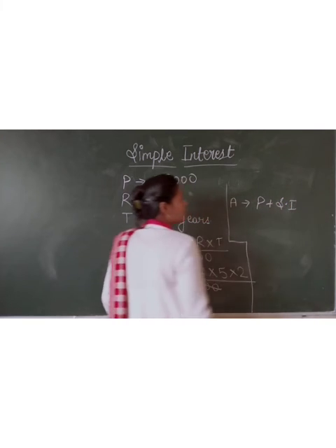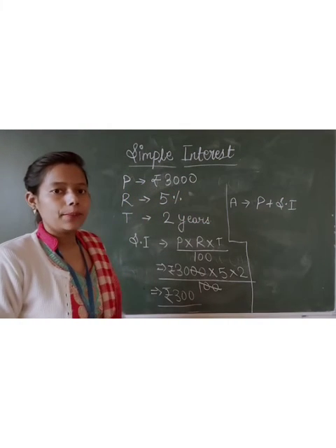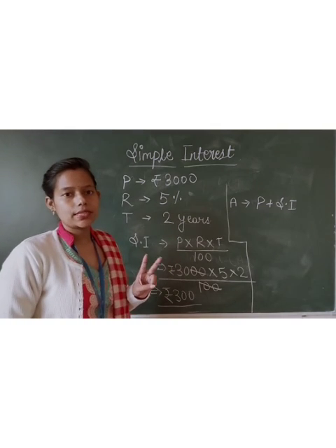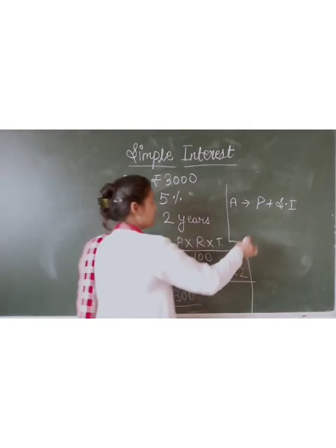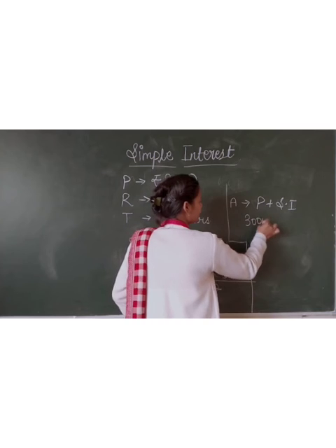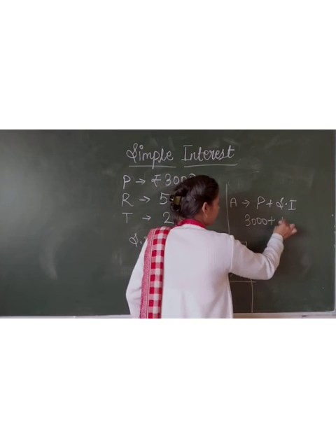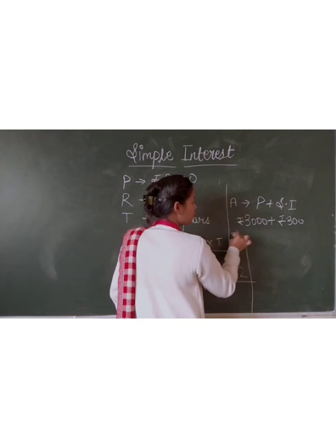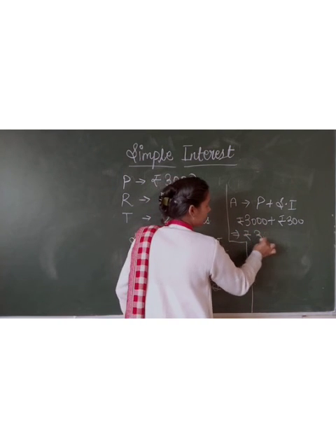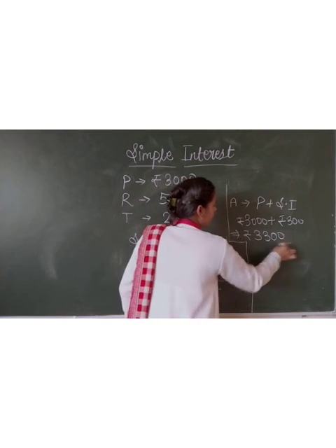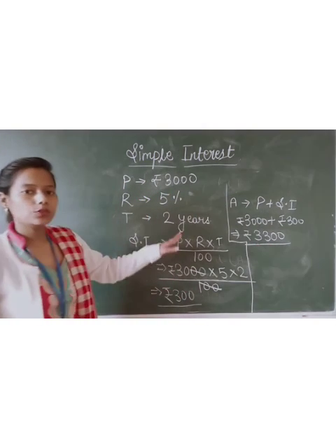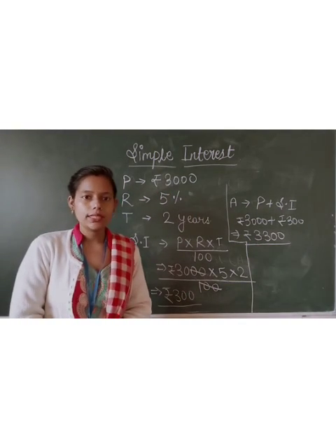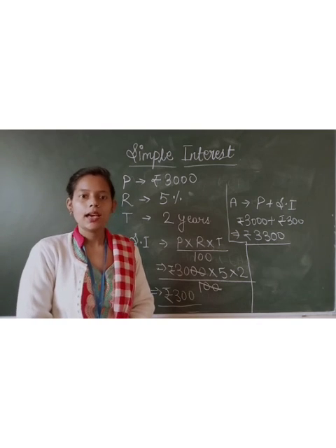Like I already told you, the amount includes principal and simple interest. So our principal is 3000 and our simple interest we already found is 300 rupees. So the amount which we are going to pay back is 3300 rupees. By using both formulas we can easily find the interest and amount.